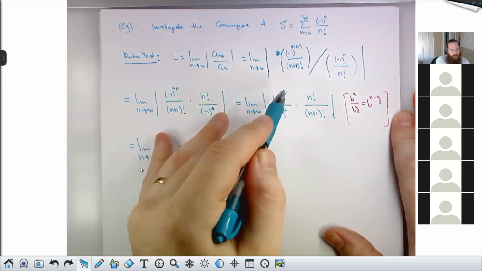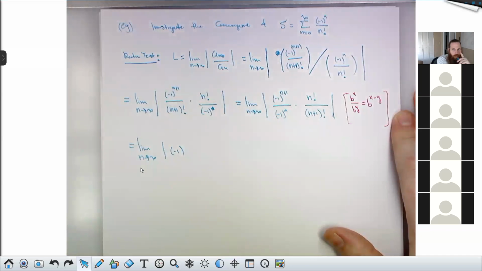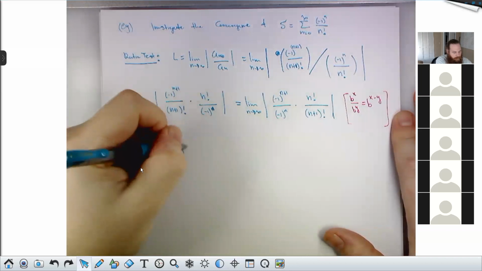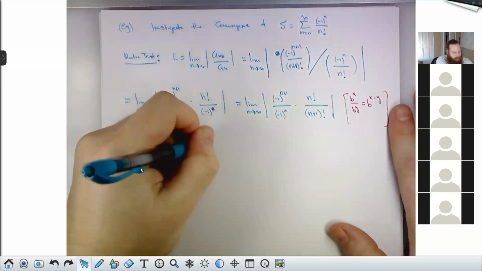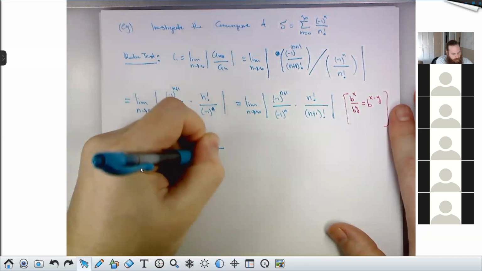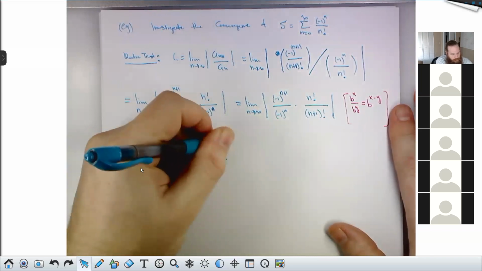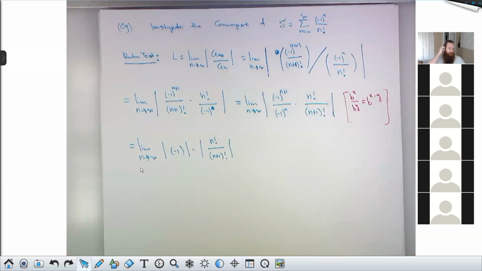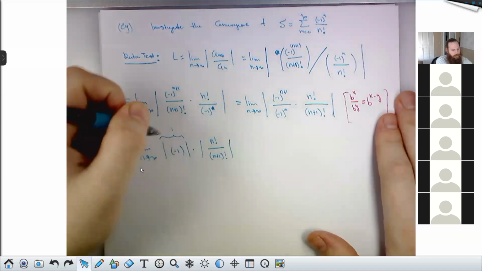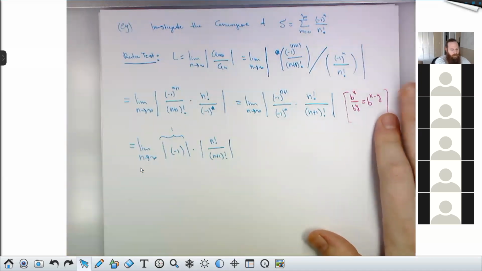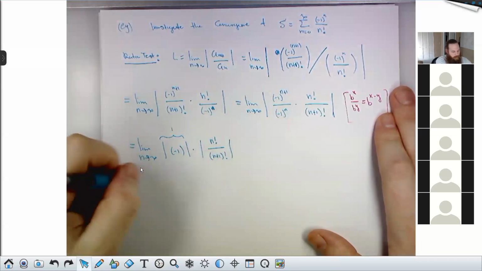They're all being multiplied, so you can cancel all except for one of them, which remains upstairs. And then we can split the absolute value up over multiplication. The absolute value of -1 is 1. 1 times anything is that thing. Also, n factorial and n plus 1 factorial are positive, so I can ditch the absolute values here.